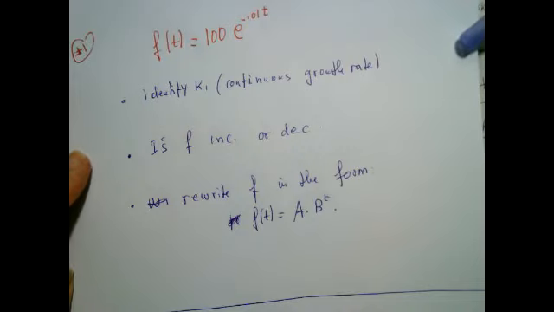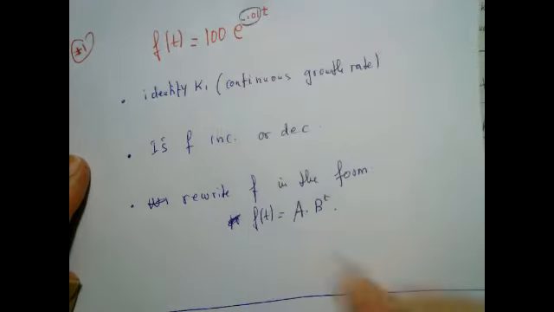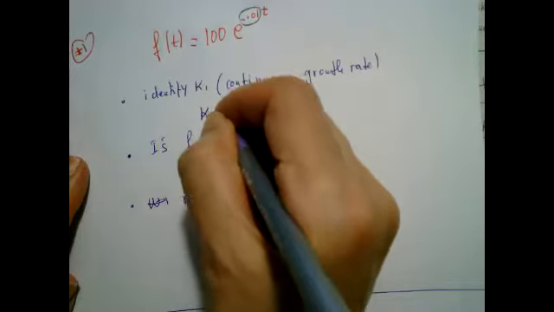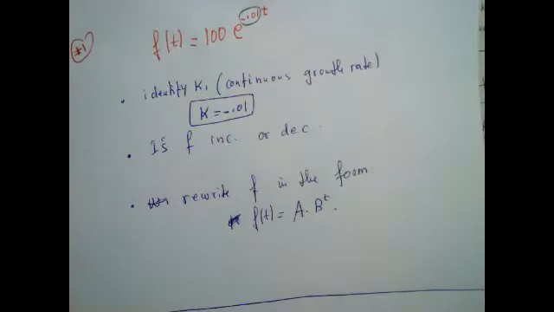Are we ready? First, k. K is this one, next to t. That's what we call the continuous growth rate. So the k is minus 0.01. Now, is this function increasing or decreasing?